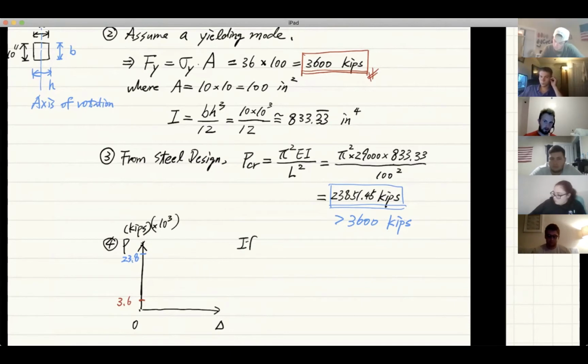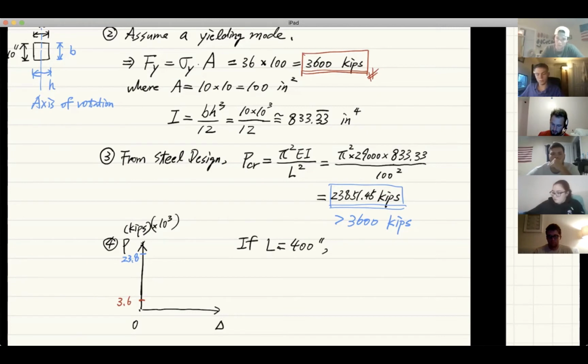If the length now becomes 200, actually you only divide it by 4, and this value is still large. And that's not good enough. So let's try 400. Now, if the length is 400 inches, the critical load will be reduced by the length squared, which is 16 times.